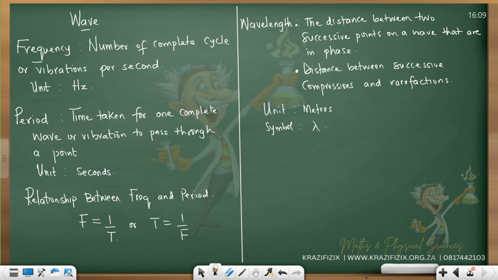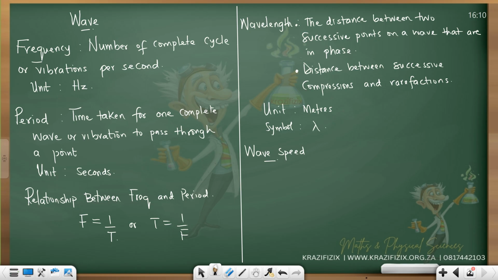All right, now let's talk about the next thing, wave speed, which is basically the speed of a wave. How fast or how slow a wave is. And because we're saying speed, we're actually saying it is the rate of change of displacement with time.